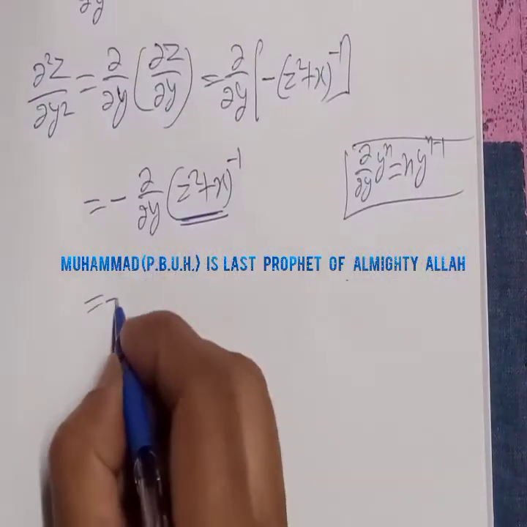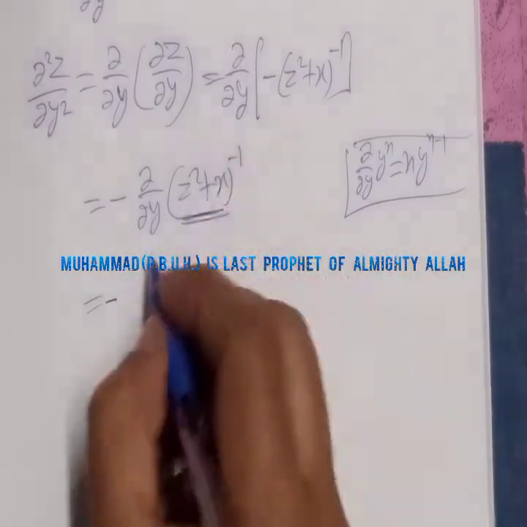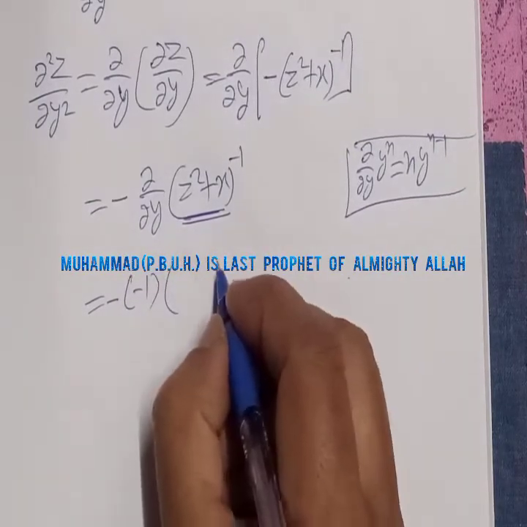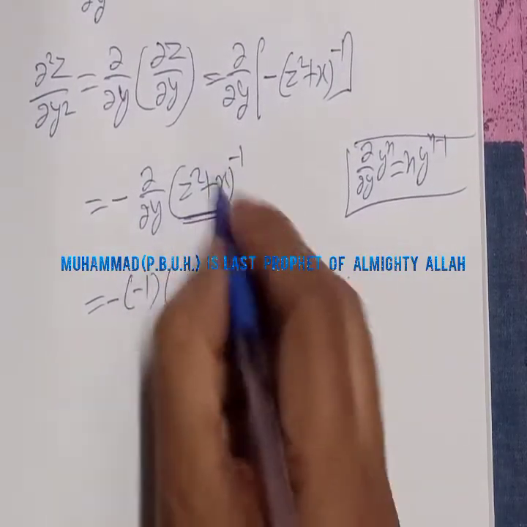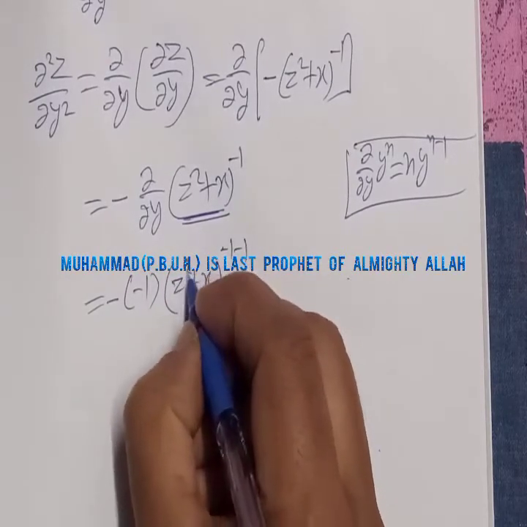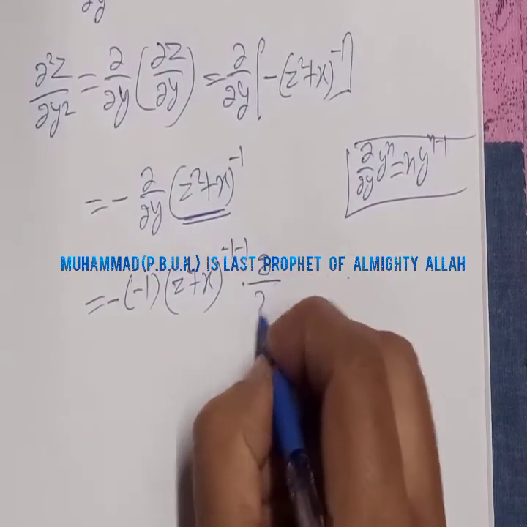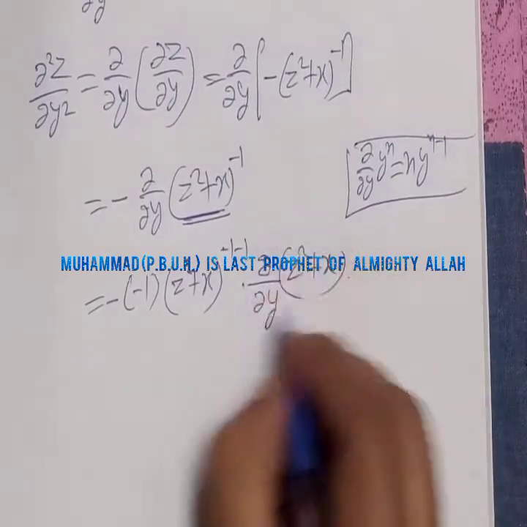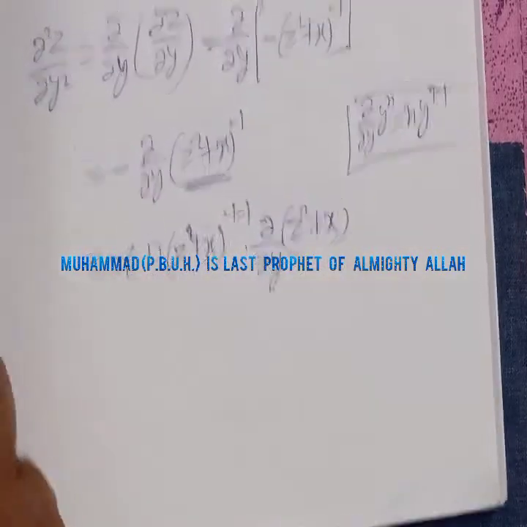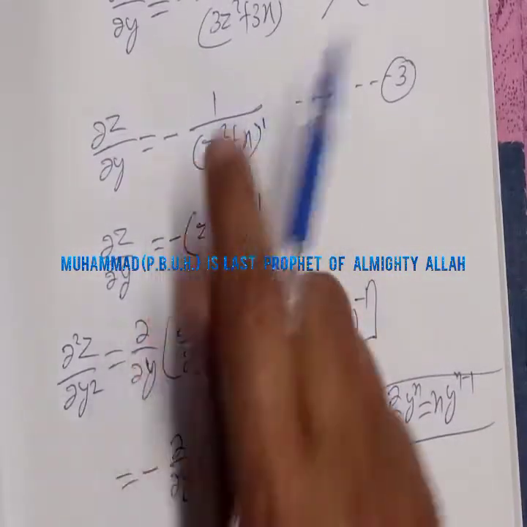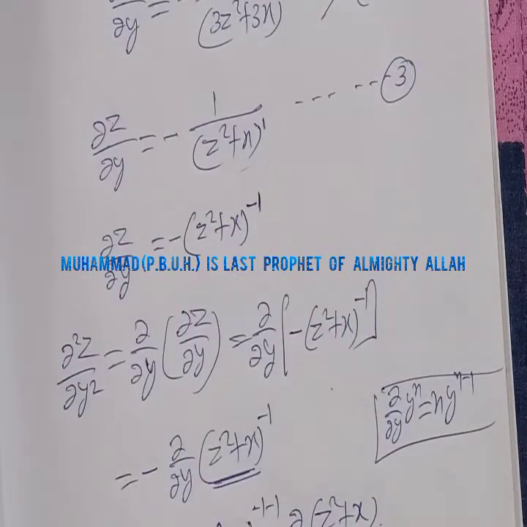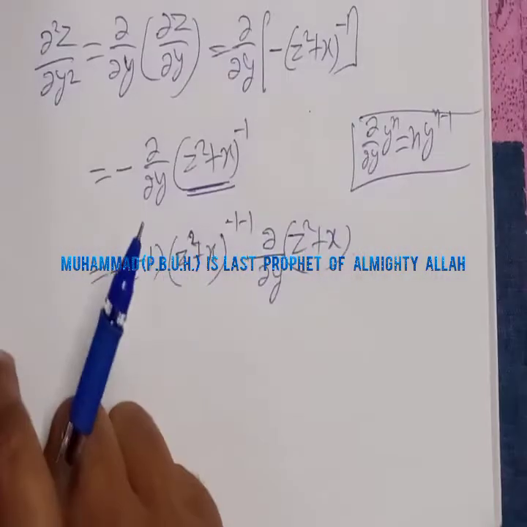So I apply this formula here, but it is not y, it is z² plus x, so we have to differentiate its value partially with respect to y according to the chain rule. We can also differentiate it again by considering numerator and denominator, as I did in the previous section.